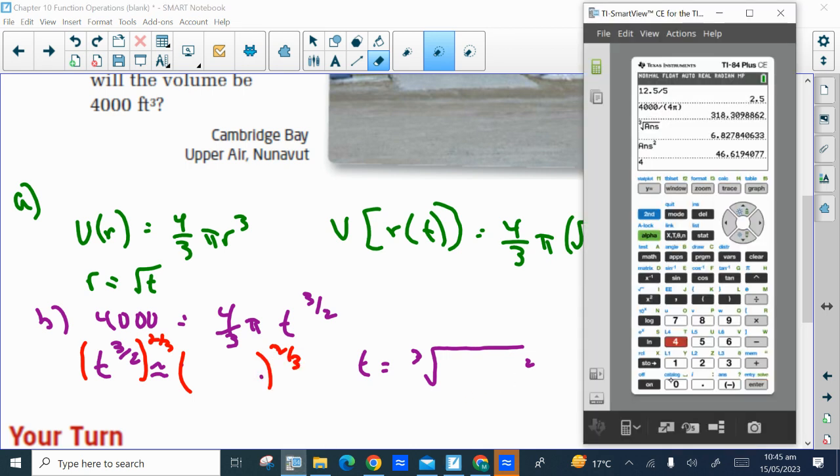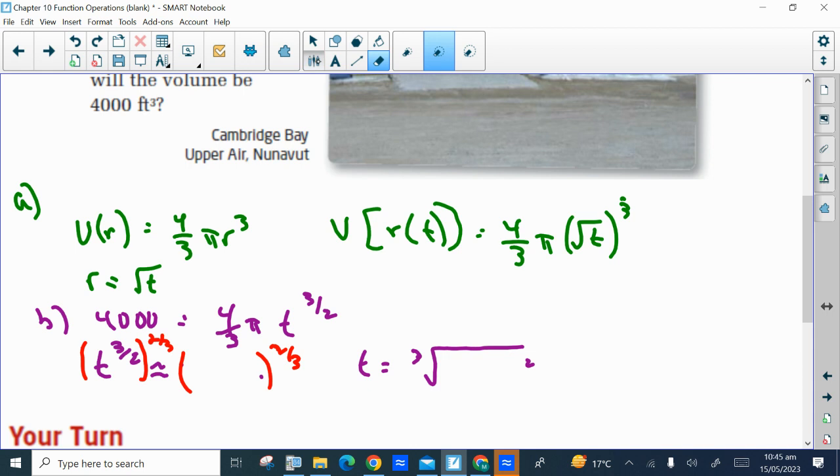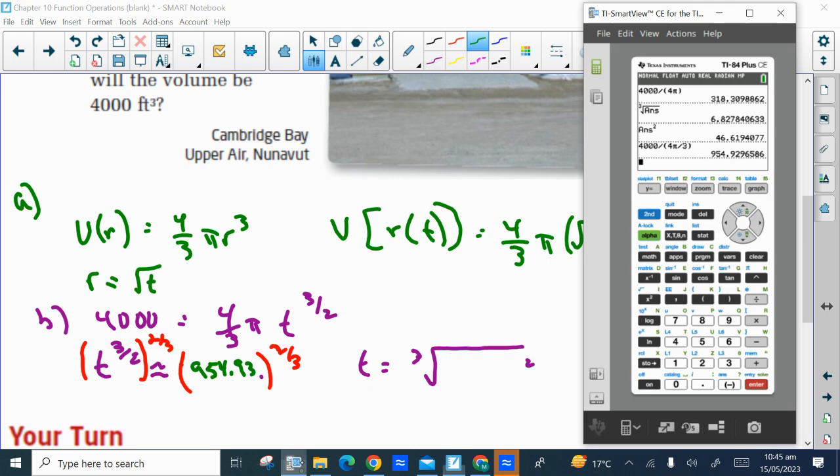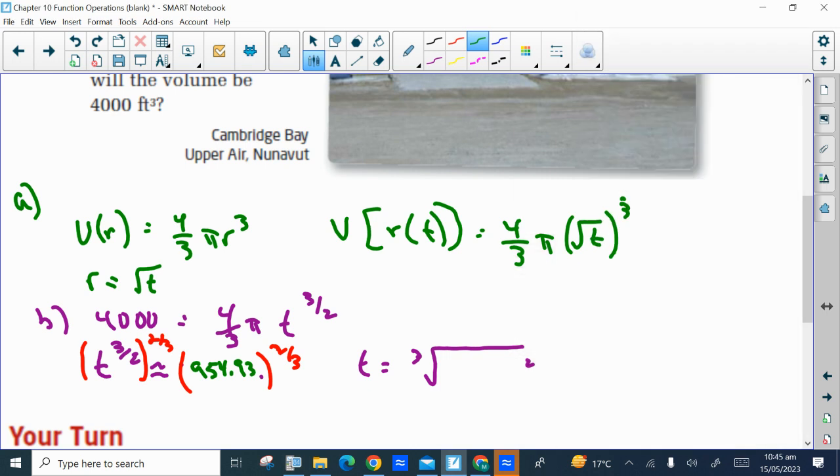So it's 4,000 divided by, in brackets, 4 pi over 3. Again, I put that 4 pi over 3 in brackets. Now we got it. 954.93. And that's the number that we have to take the cube root of and square it.